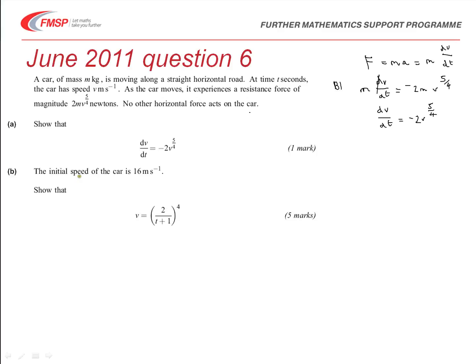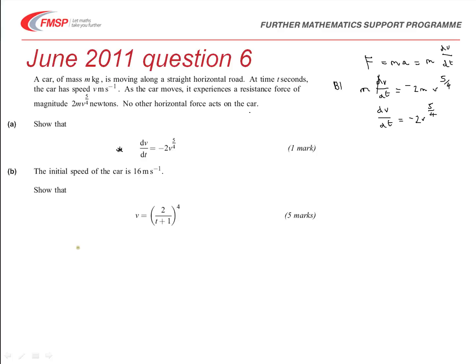Then you're told the initial speed of the car is 16 meters per second, and we've got to find this expression for v. So from the statement that we've got, it's the standard method for solving this differential equation, which is to separate the variables and integrate.